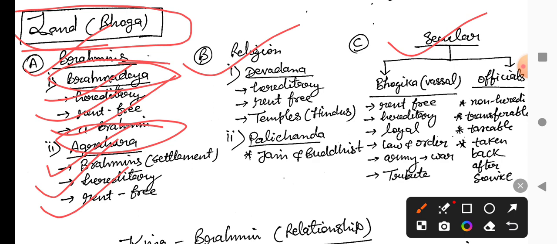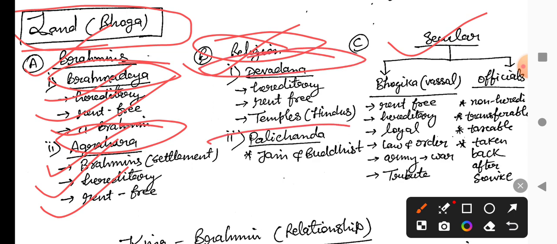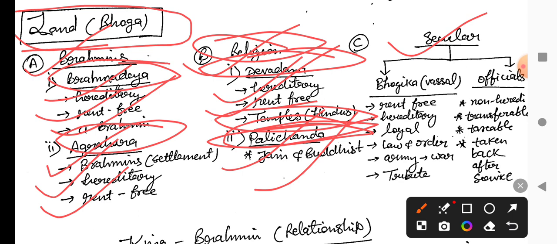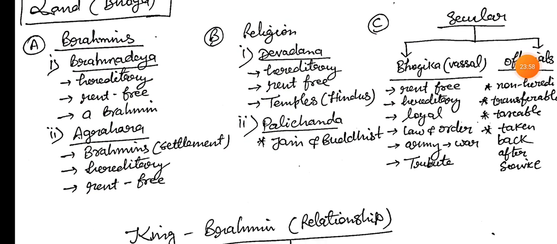And when land was given to the religion, it was also divided into two, Devdan and Palichand. Devdan means it was given by the state, that means bhog to the temple construction for Hindu system, okay. And it was hereditary and rent free. But Palichand is given to the Jain or Buddhist monasteries building temples, okay.